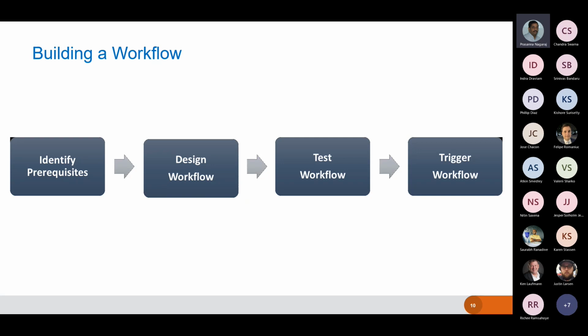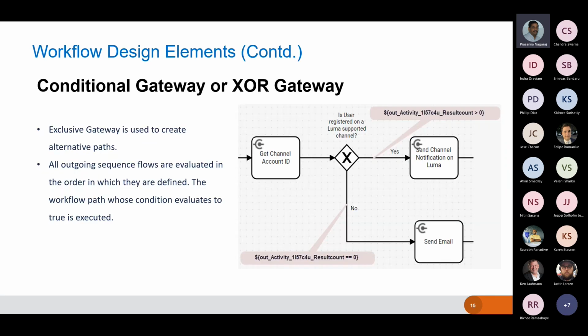You'll have to note them down and have them configured and created. For example, workflow input parameters and mapping would be required. All those things we should be aware of upfront so that you can plan and design a workflow. After that, we test the workflow and then trigger it. That's the part we covered on day one.